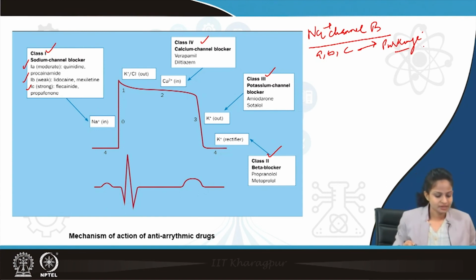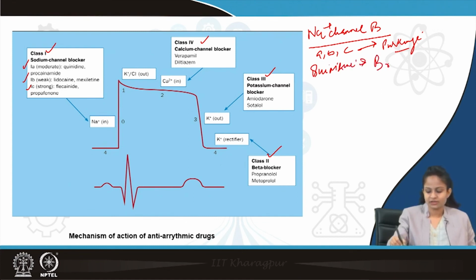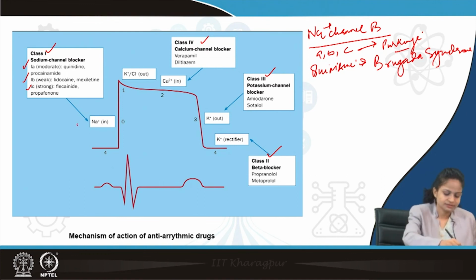We have quinidine, lidocaine, mexiletine, flecainide. These are the various types of drugs. Quinidine is very specifically used in case of Brugada syndrome. These are the drugs which mainly block the sodium channels, that means phase 0.